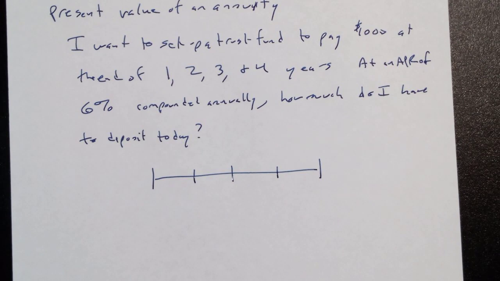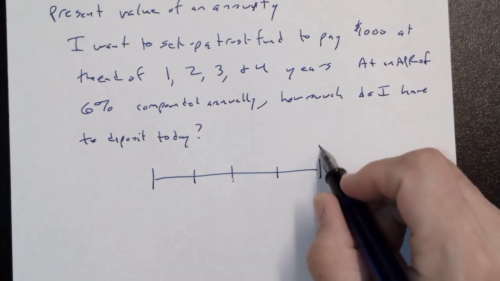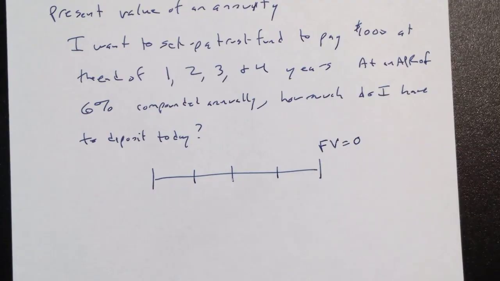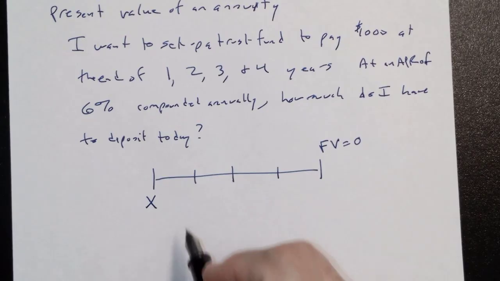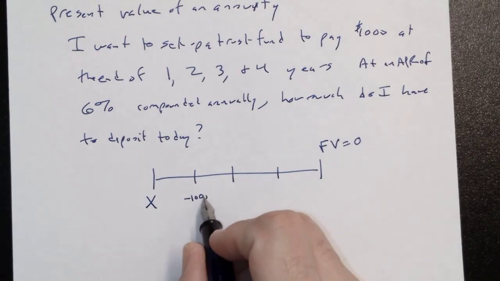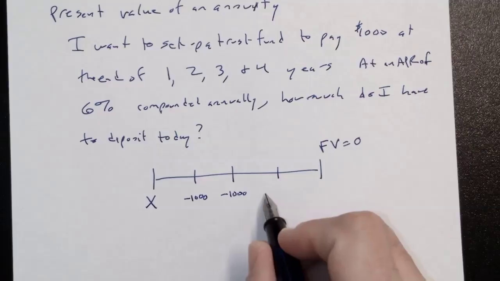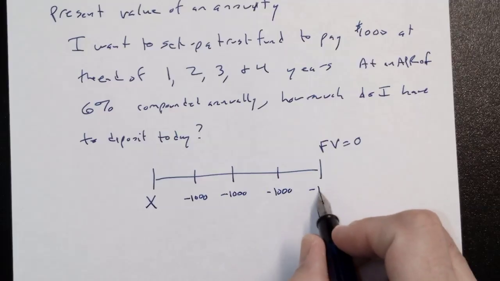I know I want a future value of 0. Which means here's the money that goes in. Here's the money that comes out and comes out and comes out and comes out.